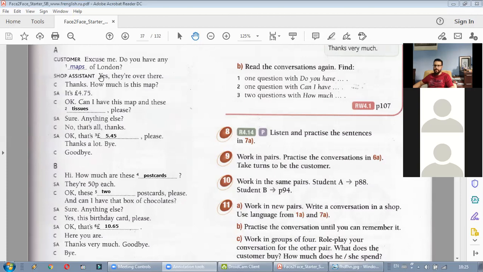اوكي معناته ام الميديا الجزء الثاني. Yes هي الشوب اسيستنت. Yes. They are over there. How much is this map? اوكي Thanks.